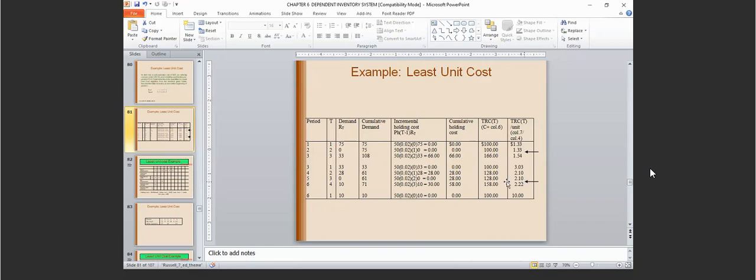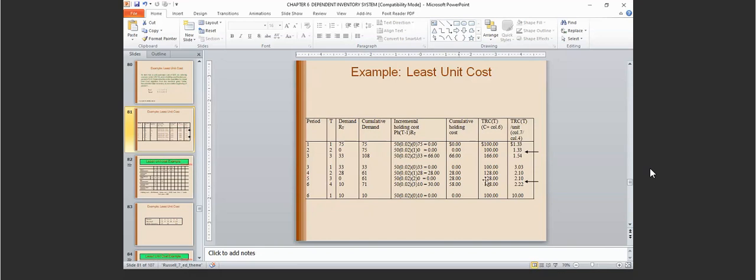So we include period 6 here, where the gross requirement is 10 units, and the cumulative demand increased to 71. The incremental holding cost will be 30 ringgit, with a cumulative holding cost of 58, where 28 plus 30 is 58.